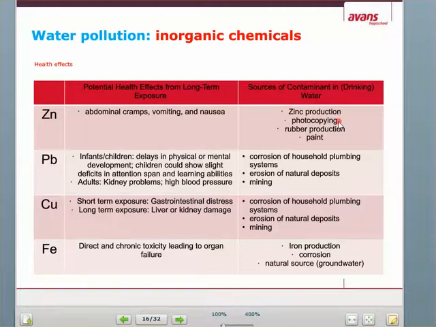So photocopying produces a lot of zinc, which therefore can cause abdominal cramps or vomiting. Iron production, corrosion, can also be a natural source of lead, can be directly, iron can cause organic failure.